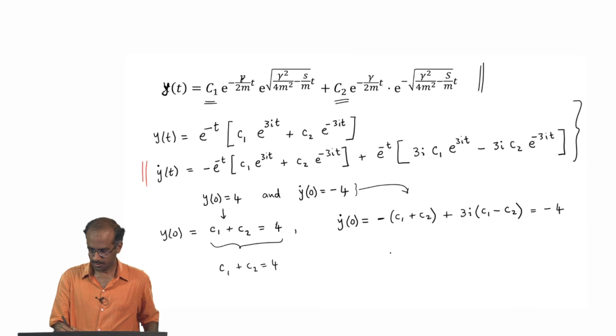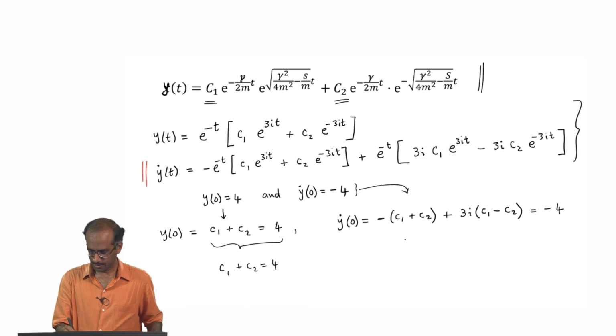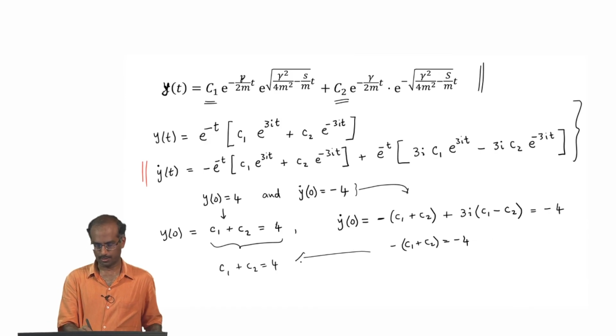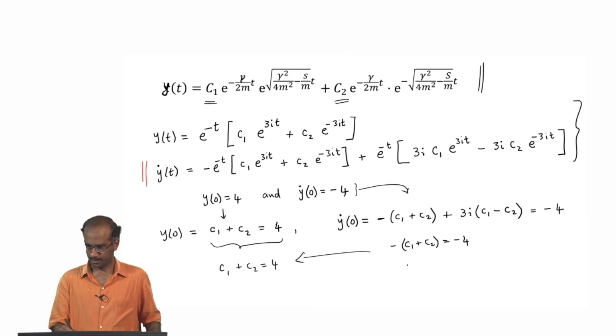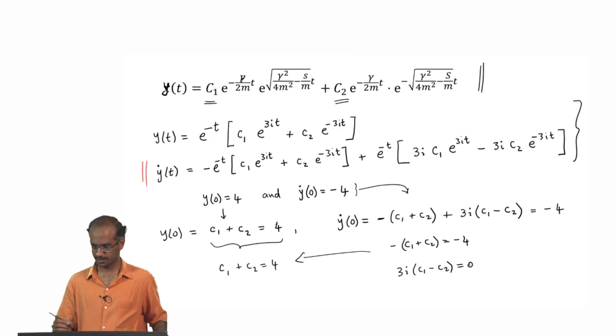So, we can equate the real parts and imaginary parts, hence it would give me minus C 1 plus C 2 equal to minus 4, which is same as the condition that we had gotten earlier, and the second one, which is 3 i into C 1 minus C 2, this is equal to 0, because there is no imaginary part in the initial condition that is given.